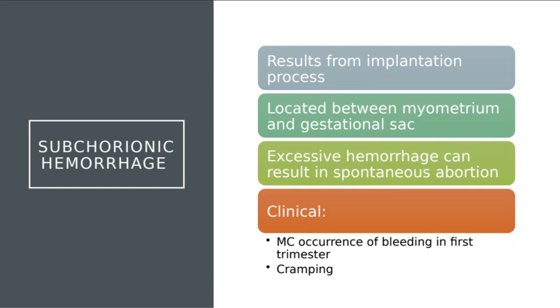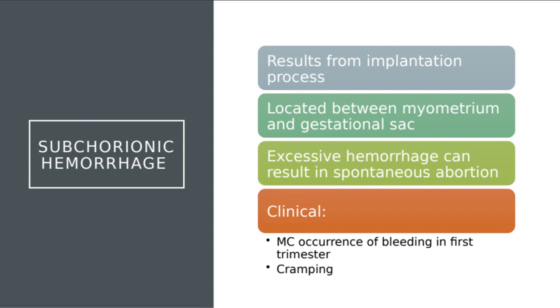So the first complication that is extremely common is a subchorionic hemorrhage or hematoma. The two terms are kind of interchangeable with each other. This is a result from the implantation process. So like we kind of learned about with that first trimester development, when that blastocyst starts to burrow into the decidua, it's going to result in a little bit of bleeding, right?